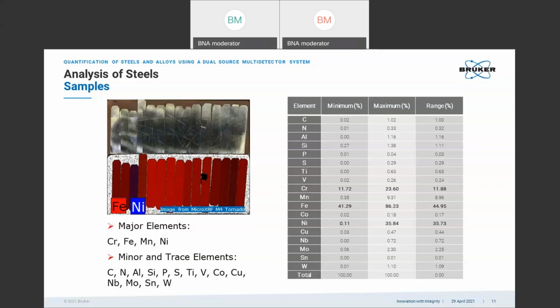Minor elements, they contain light elements such as carbon and nitrogen, and metals like aluminum, metalloids like silicon, non-metals like phosphorus, sulfur, and a lot of transition metals from titanium to tungsten. The composition shows a widespread, and that's why it's also challenging. It starts with tens of percent and goes down to tens of ppm in concentration.